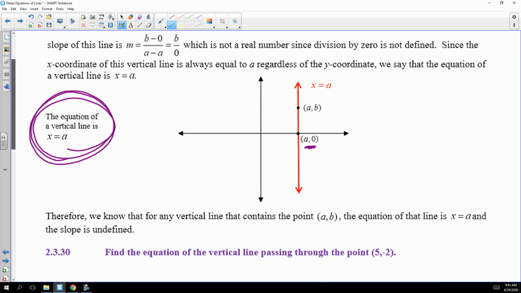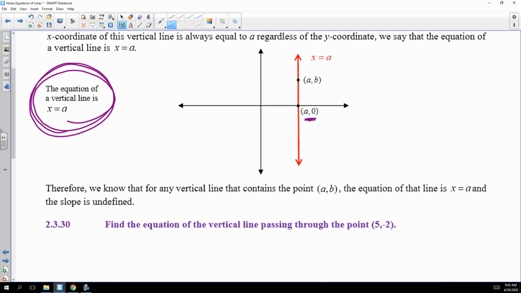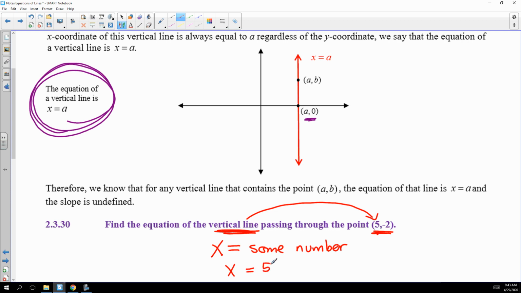If we want the equation of a vertical line through the point (5, -2), what I'm concerned about is the x value. Since it has to pass through (5, -2), x is equal to 5.